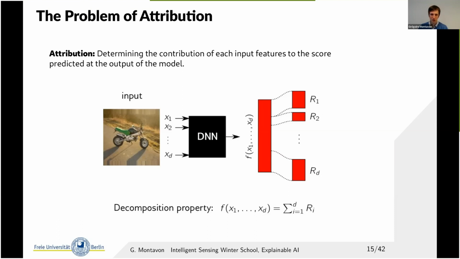Typically, if the classifier really detects the motorbike, you would like the scores for the wheels and so on to be high, and the score in the background to be low. And one among other properties that needs to be satisfied is decomposition or conservation, which means that if you sum all the scores of every input feature, then it should approximately match the value found at the output of your neural network.